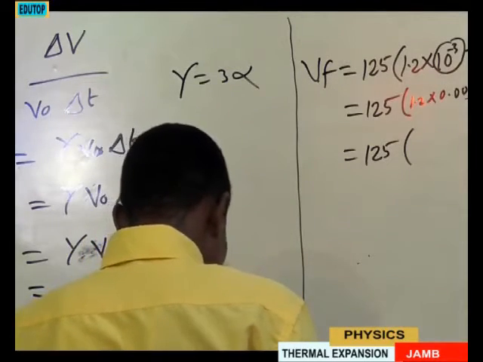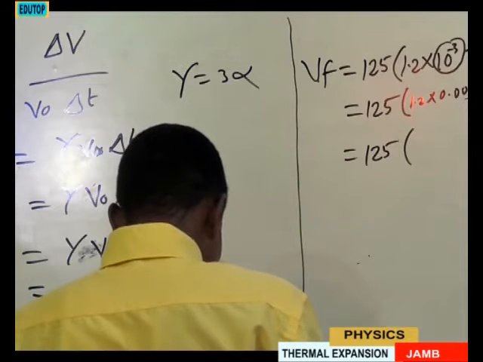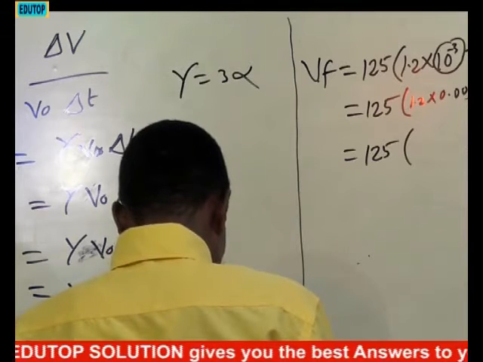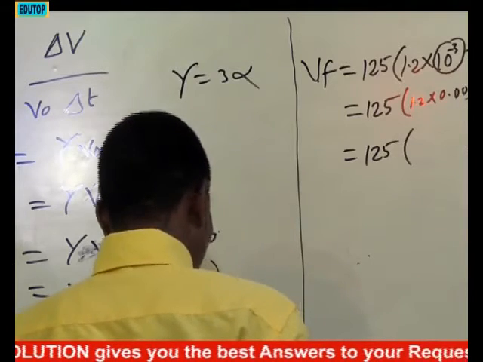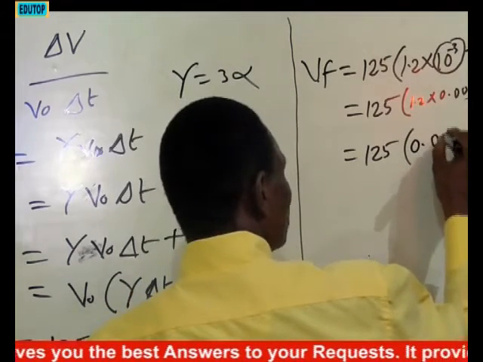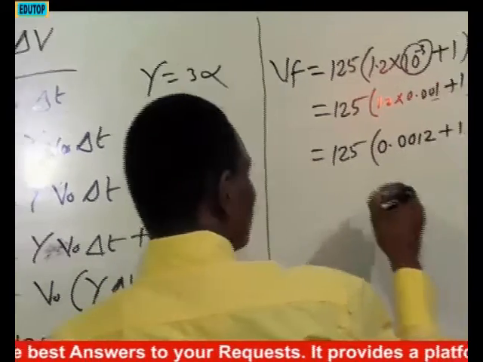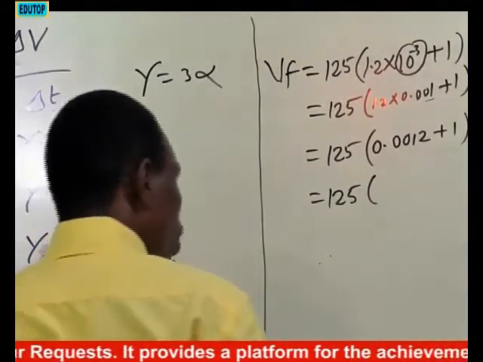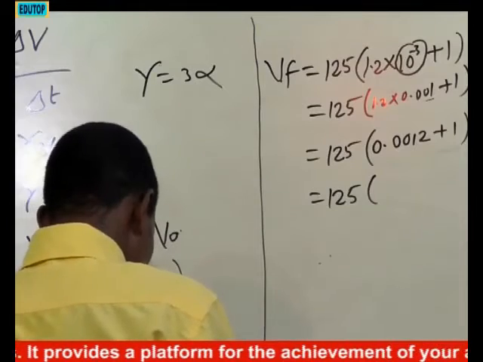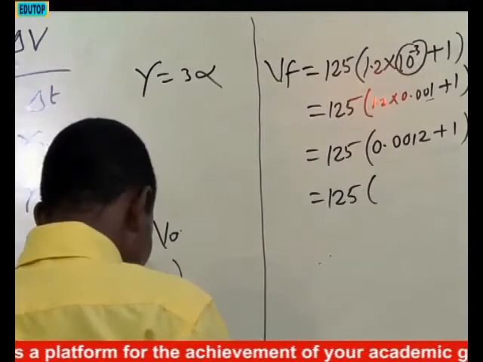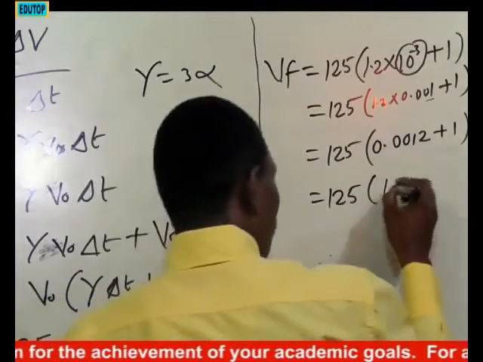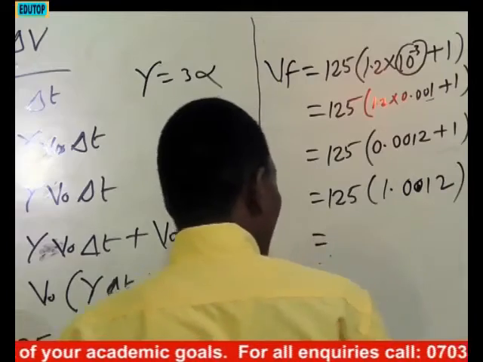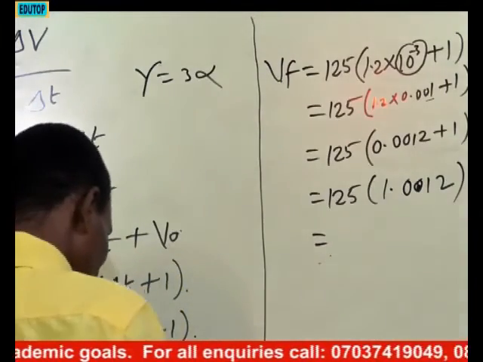What will be the value of that? 1.2 times 0.001 will give us 0.0012. 0.0012 plus 1. Okay? So 0.0012 plus 1, what will be the value? Plus 1 will be equal to 1.0012. You are now going to multiply everything by 125.